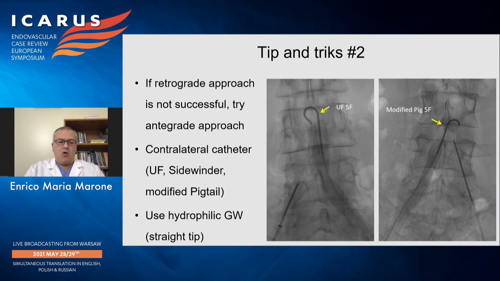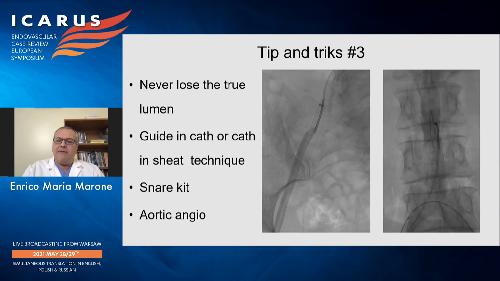In this case, with the modified pigtail, I can use a more supportive 035 Terumo guide wire with the straight tip, and with these tricks we can recanalize even calcified arteries.